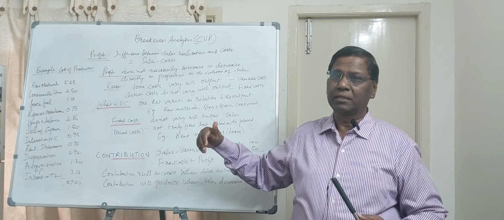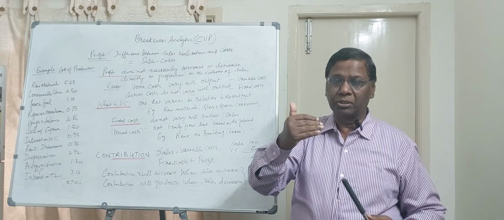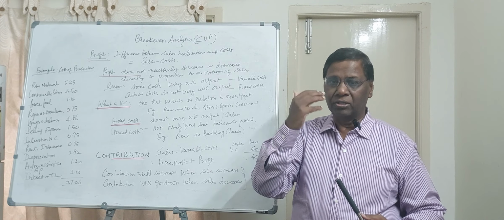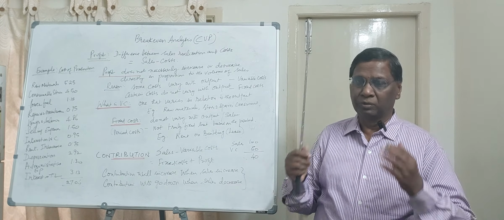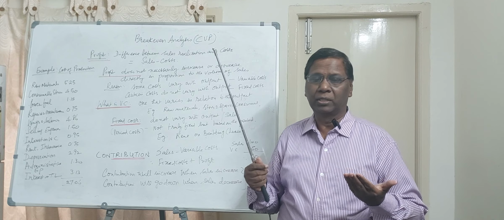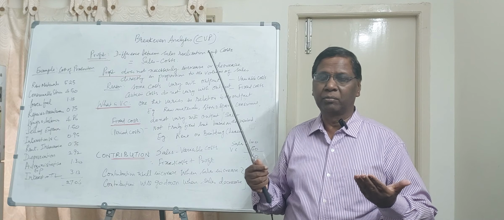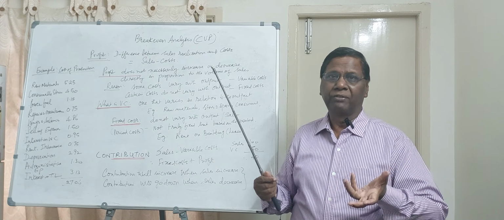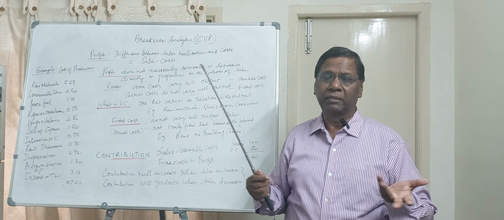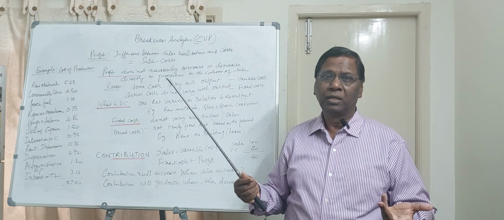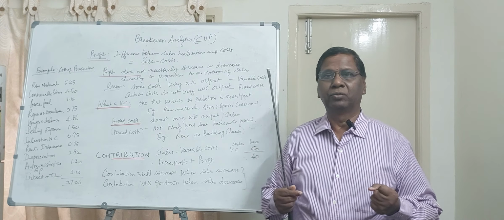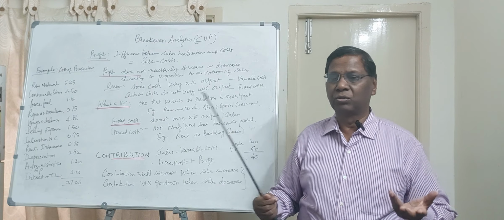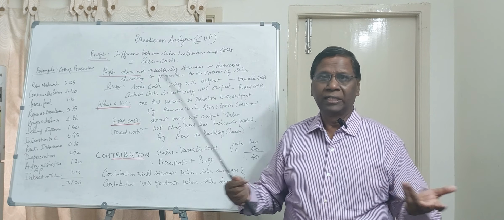Till such time, first we have to classify the cost correctly. So first is the profit. The main aim of running a business is to make a profit only. Our main aim is to maximize the profit. We must have the profit, otherwise nobody will run the business.